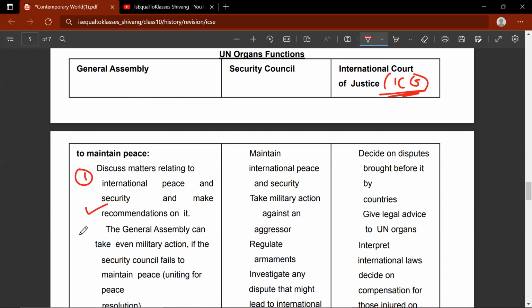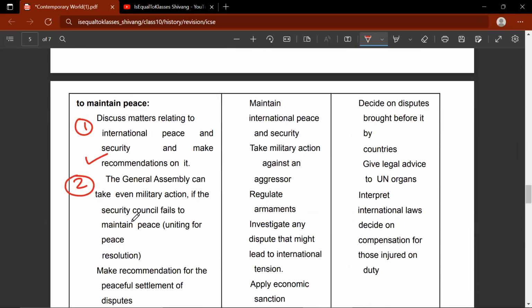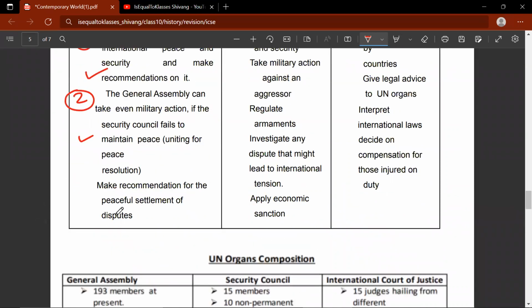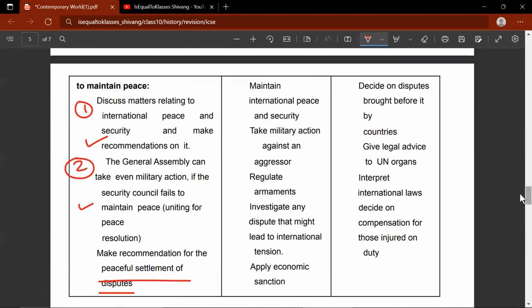The General Assembly can even take military action if the Security Council fails to maintain peace, under the Uniting for Peace resolution, and make recommendations for the peaceful settlement of disputes. There are many types of disputes, such as economic disputes, but mainly they are regional disputes, the sharing of water and mostly the sharing of land.